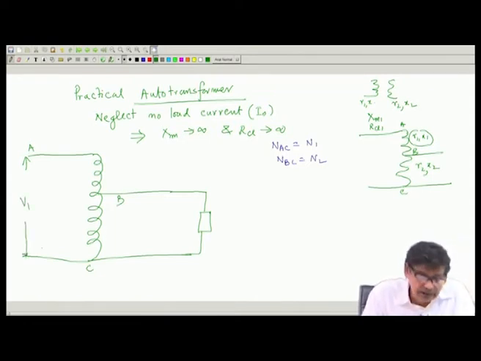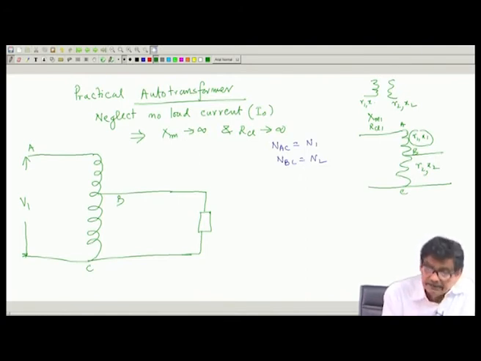Earlier when these things were not present, V 1 was equal to the induced voltage here, V 2 was equal to the induced voltage here. Therefore, if I want to show this resistance and leakage reactances, I must draw it like this. I will draw it at a slightly higher place.